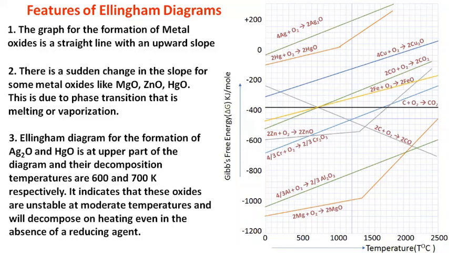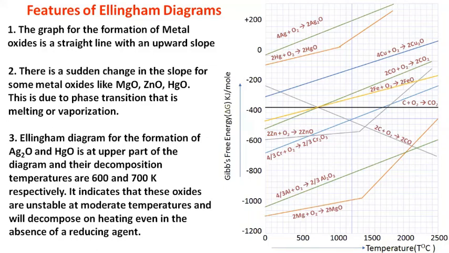Such sharp curves or sudden changes in the slope are called a kink, K-I-N-K. So in a graph, if there is a sharp curve or a sudden change, that is called a kink, K-I-N-K. So we can see three kinks in this graph.